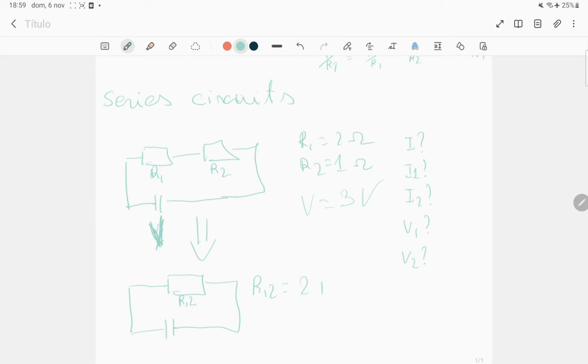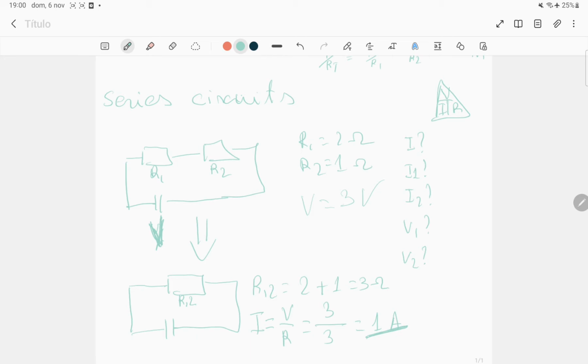So 2 plus 1 is 3 ohms. Okay, now we are going to calculate I with the ohm triangle. We know that I is V divided by R. So V is 3, R is 3 also. So we have here 1 ampere.